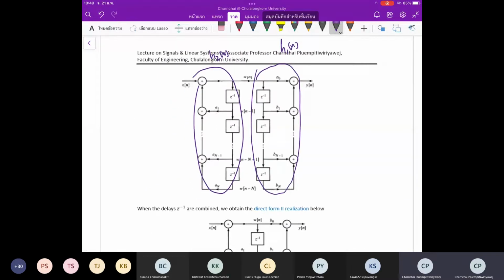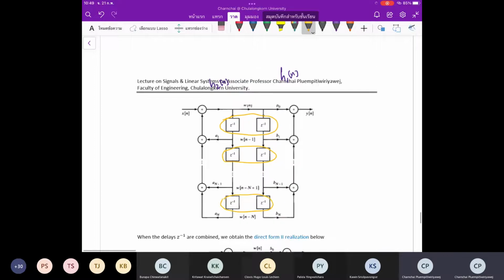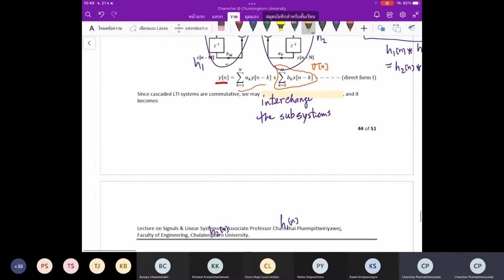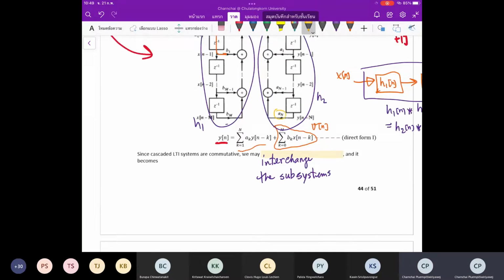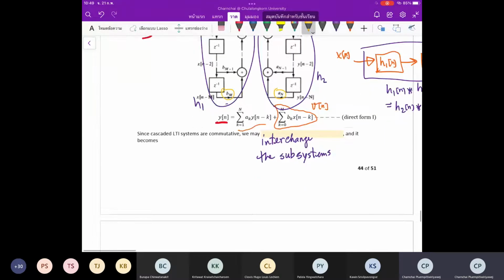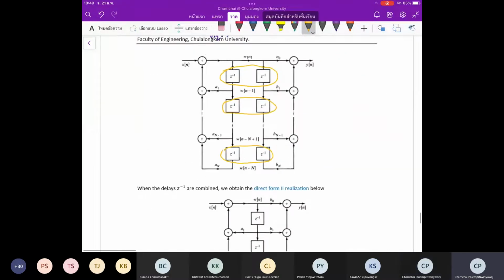And then with these, you can combine these two delays together. Normally this one has to be an and this one bm, and we assume m equal to n.